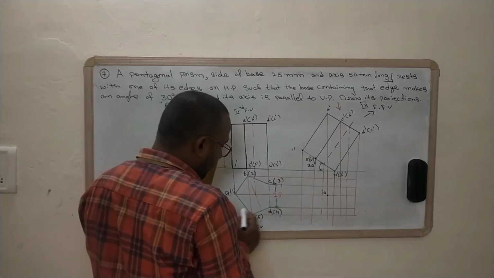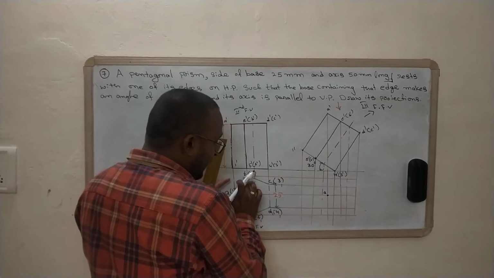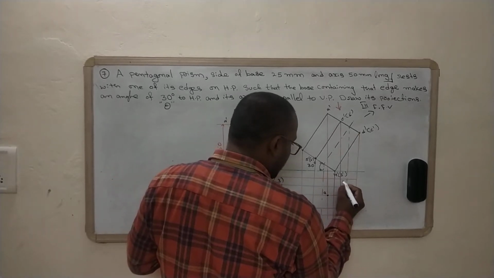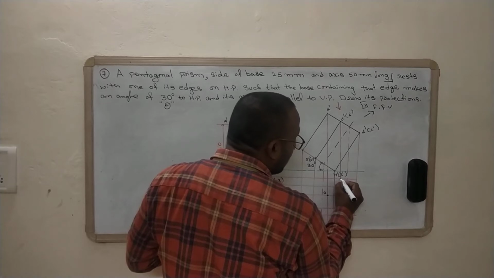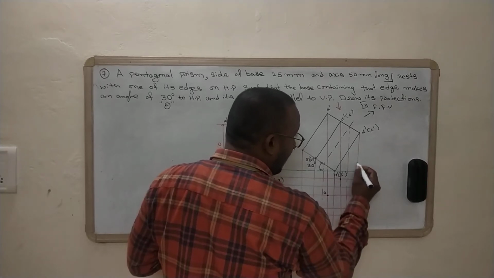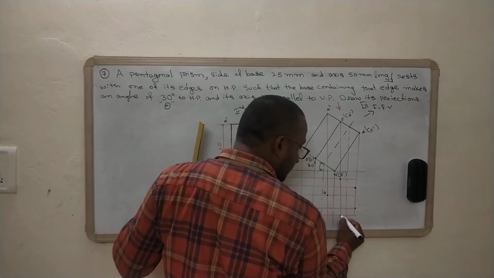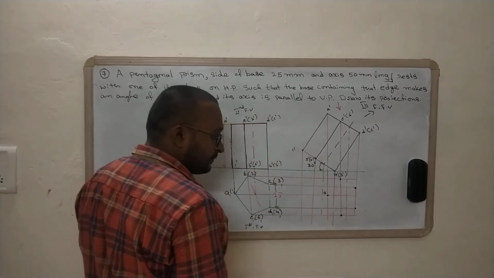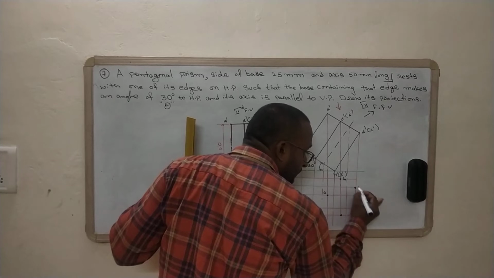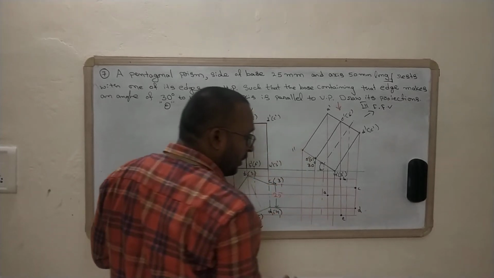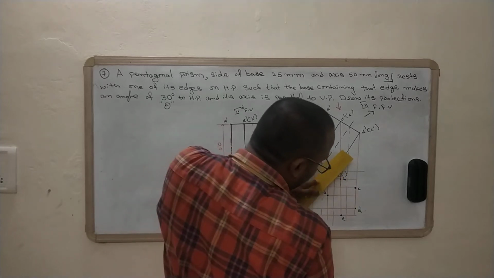Right? Here in the finalized top view is A, and then B dash intersecting point will be B, and then C, D, E.